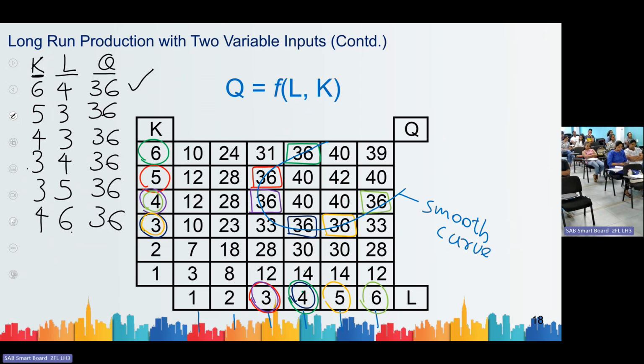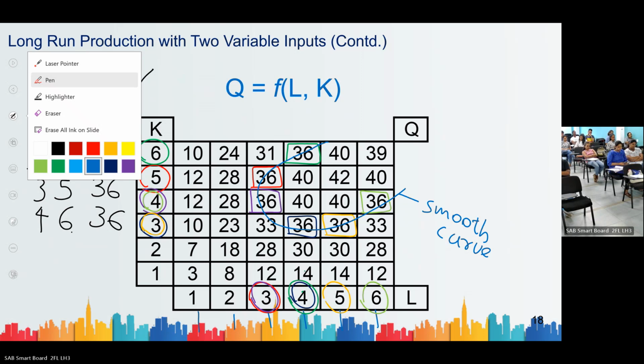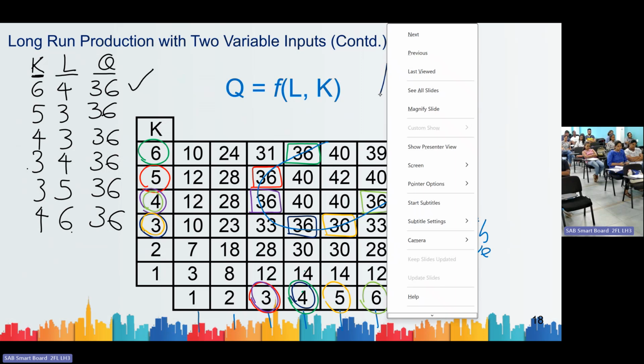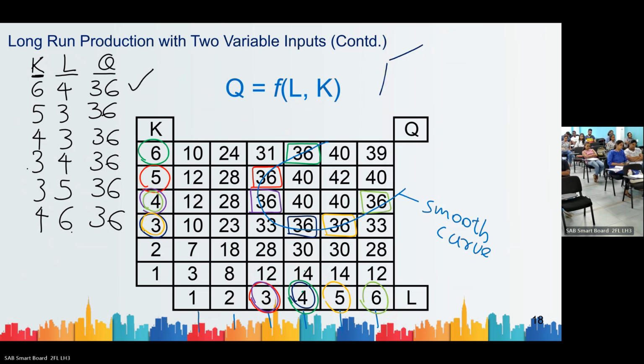We drew the curve smoothly, not with rigid kinks. We didn't draw it like this, because it's not smooth. We draw it as a smooth curve.